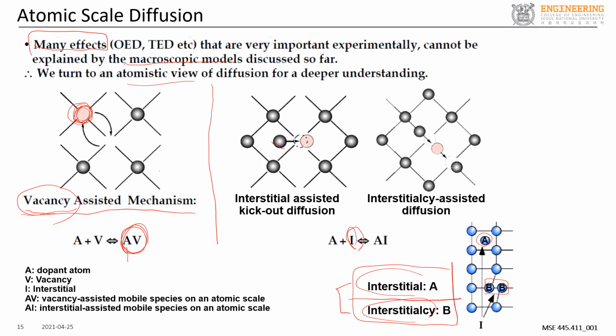If you have an interstitial silicon atom, it can kick out the dopant. If there's no interstitial, the dopant is just happy in here, so there's no motivation for this dopant to move around or diffuse. But silicon comes in and kicks this dopant out, and then the diffusion of this dopant is initiated by this kick out.